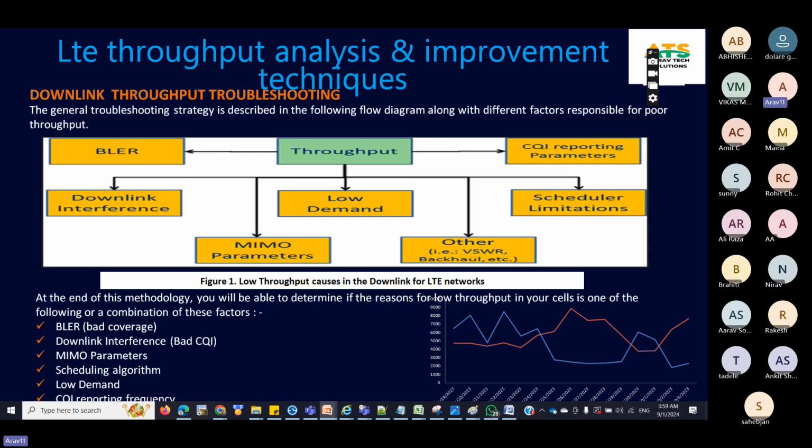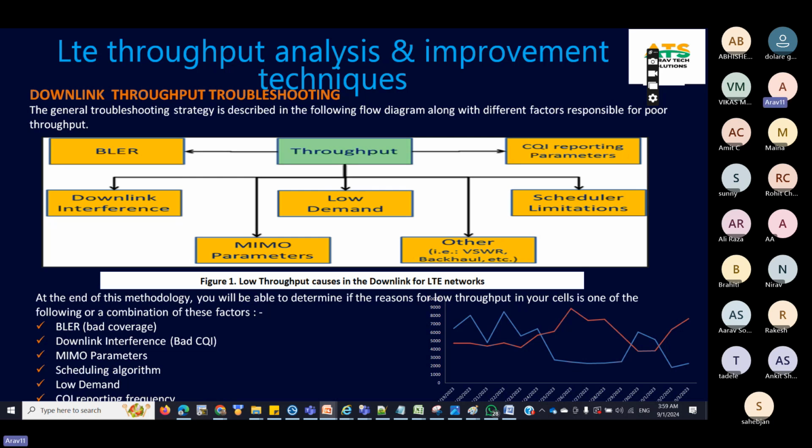MIMO is the basic need of LTE throughput enhancement. So is MIMO working or not? How you will check, we will discuss in our class. But here you can say MIMO is a parameter which can impact your throughput. That is one of the reasons for low throughput.